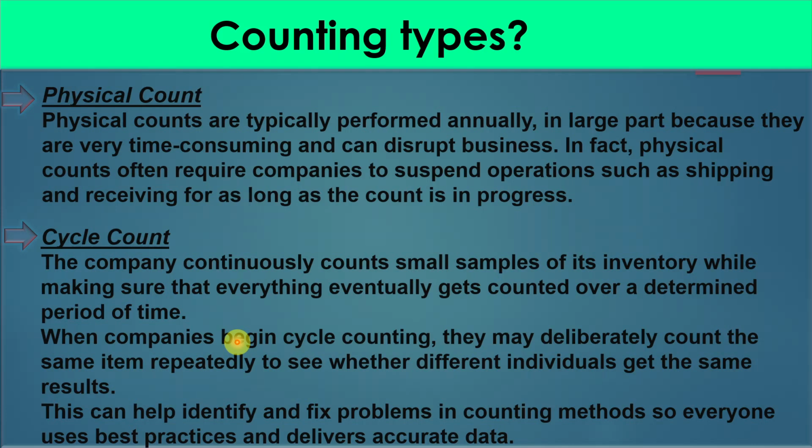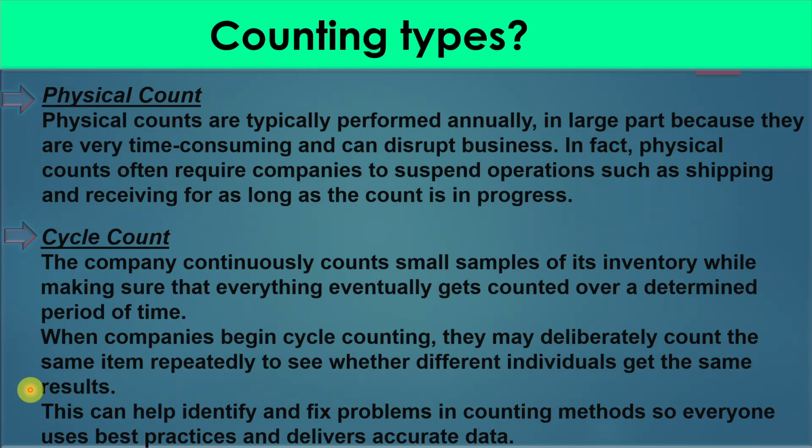In this case, companies won't stop complete activities like production, sales, or receiving, but they make their inventory groups in small samples, and then they keep counting continuously over the decided period of time, maybe a month or 4 months or 5 months, depending on the organization. It's completely their choice how much time frame they determine for themselves.